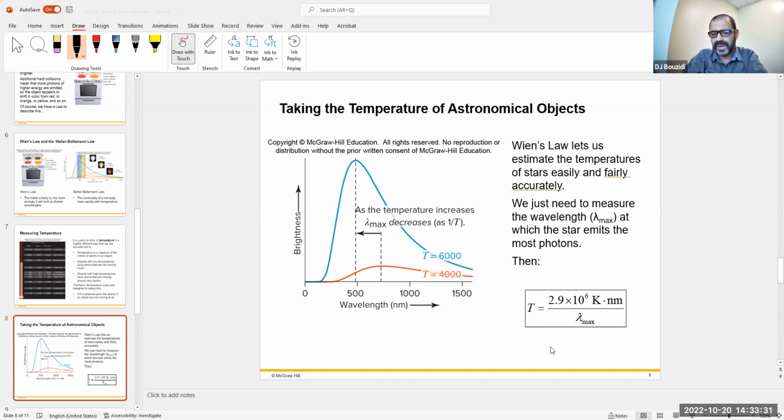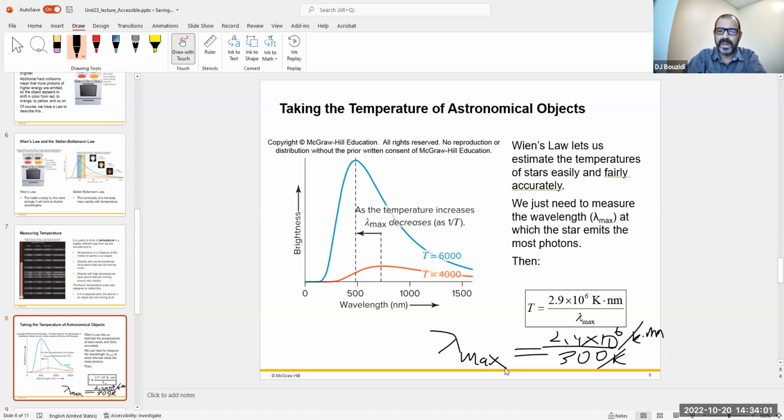As a matter of fact, you can throw in here 300 Kelvin for yourself, because it works also the opposite way. 2.9 times 10 to the power 6 in the numerator, Kelvin per nanometer. Cancel the Kelvin with the Kelvin, and you're going to find what maximum wavelength you're going to be emitting at. Of course, it's going to be in the infrared.